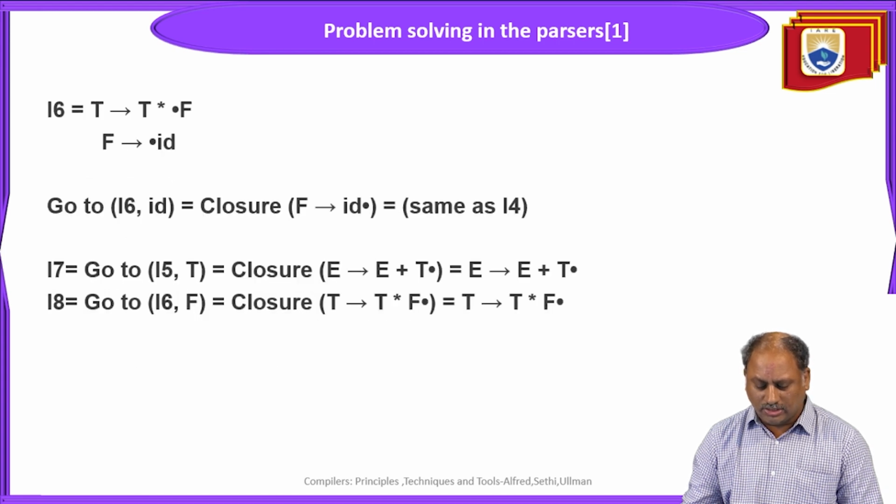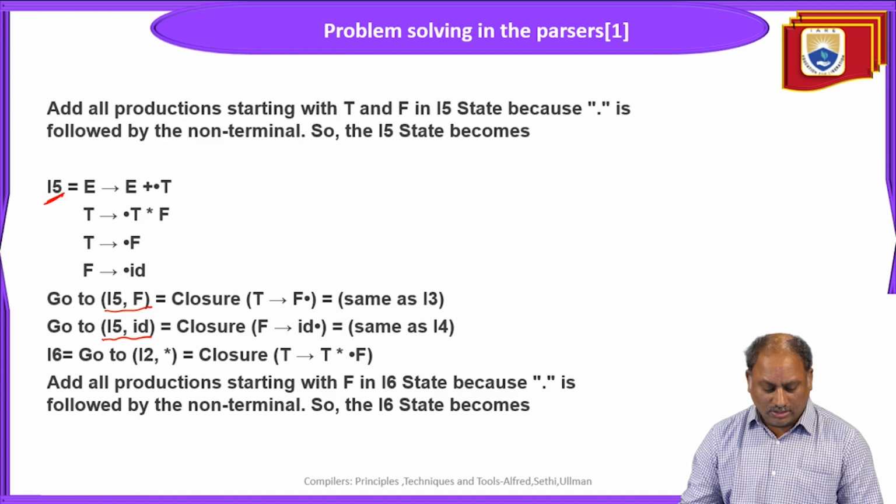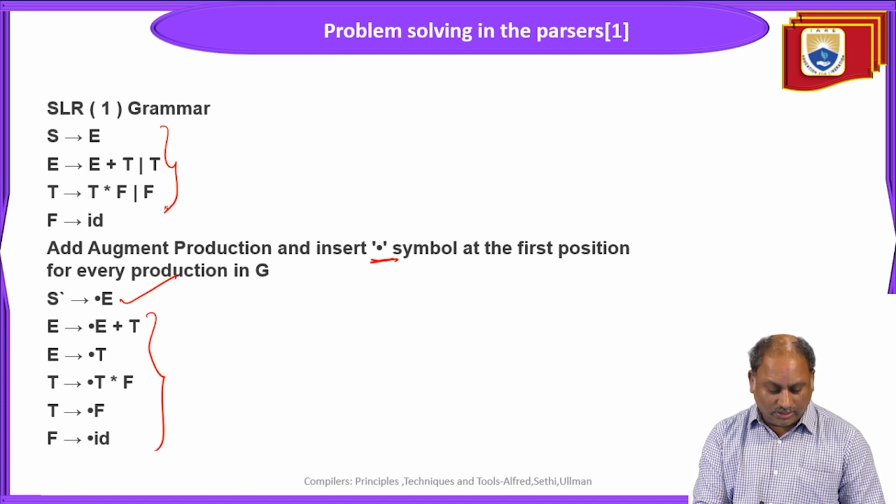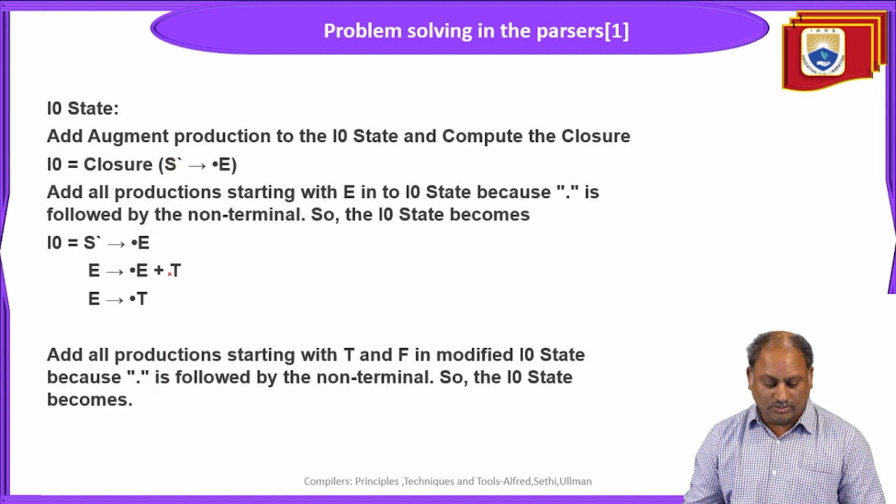Like this, graph-wise also we can implement. First, initially we started with the augmented grammar production, inserting a dollar symbol, which is to be included as one part, and the remaining is the grammar, listing out the productions.